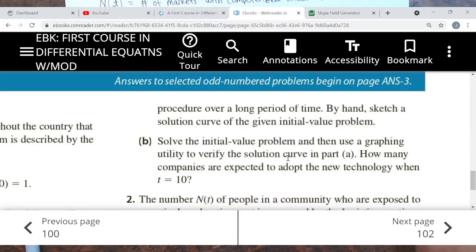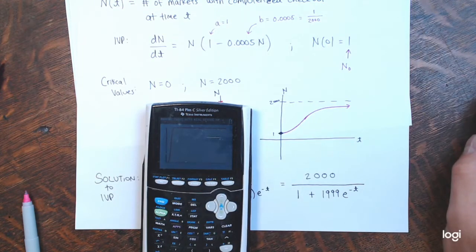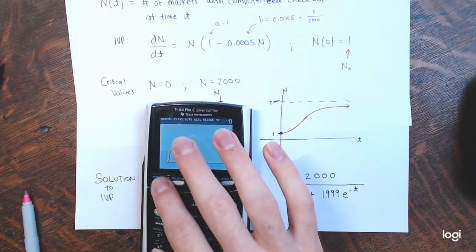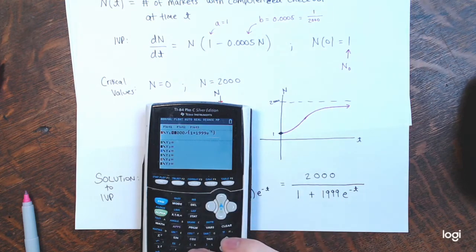And then the question is, how many companies are expected to adopt a new technology when t equals 10? Well, that's just plugging in 10 for t and have 2,000 divided by 1 plus 1999 times e to the negative 10. So let's go back to my calculator here for you. And yeah, see, I got the function there.